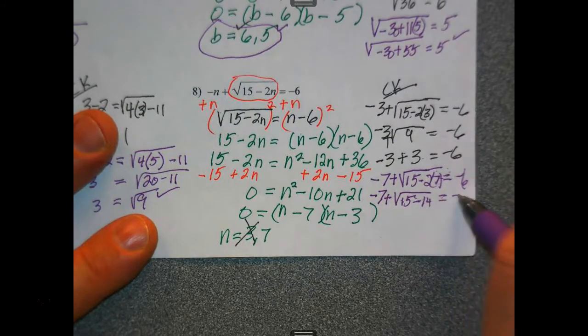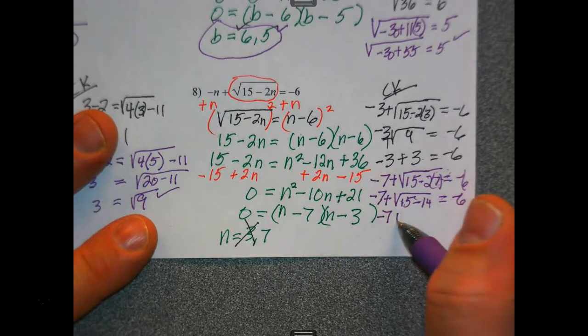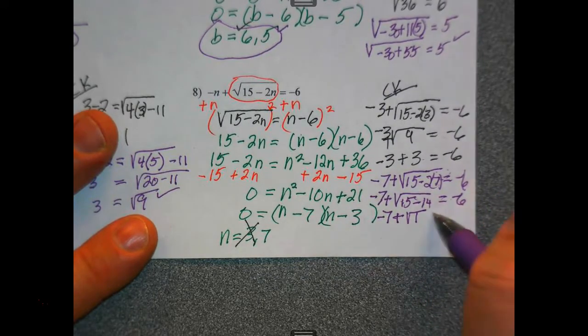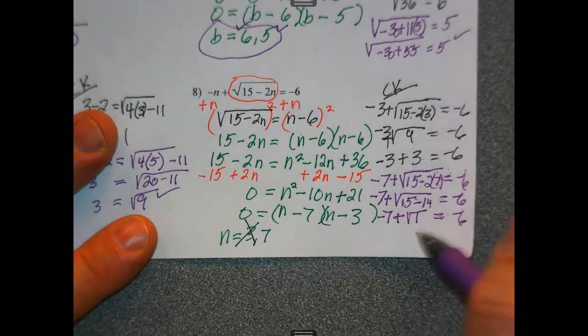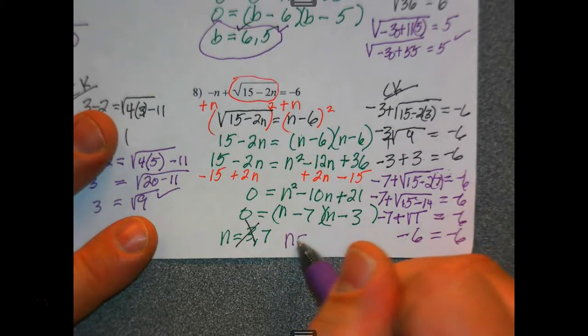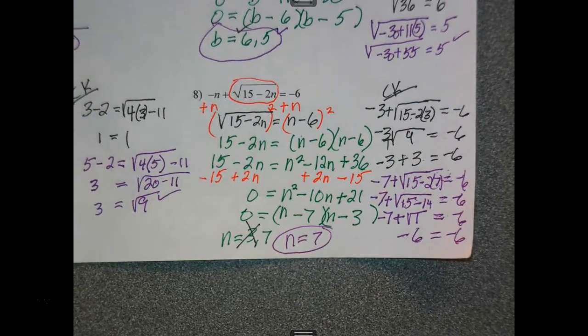We have negative 7 plus the square root of 1, which is 1. Negative 7 plus 1 is indeed negative 6. Oh, n equals 7. Questions, comments, concerns?